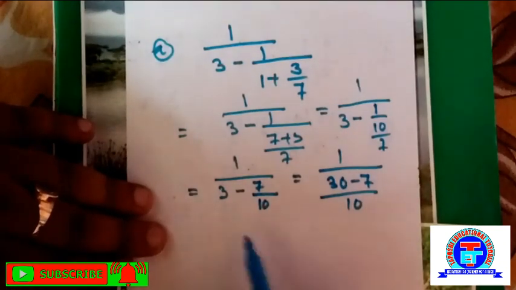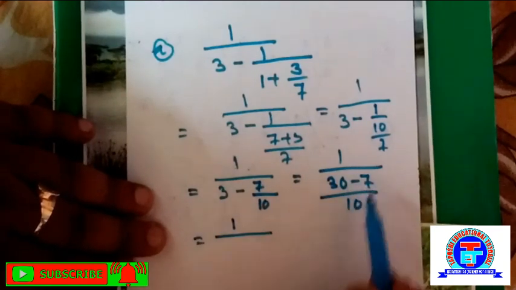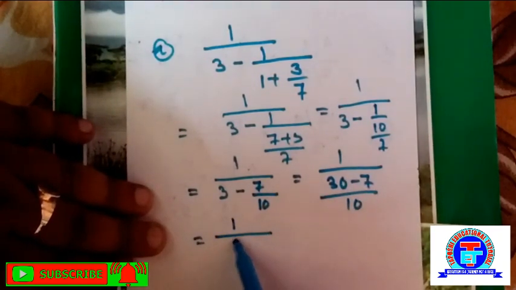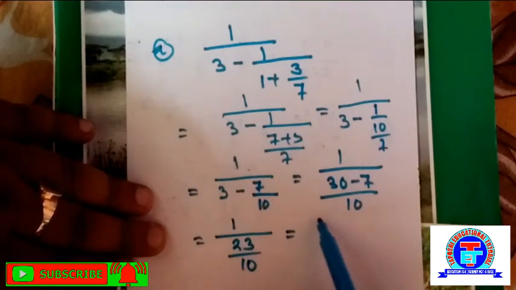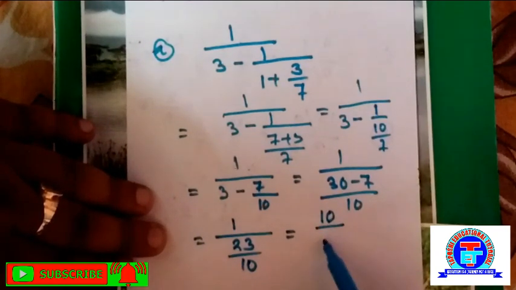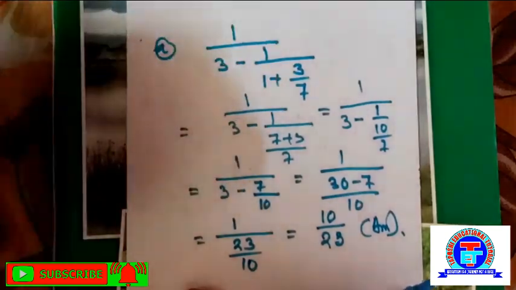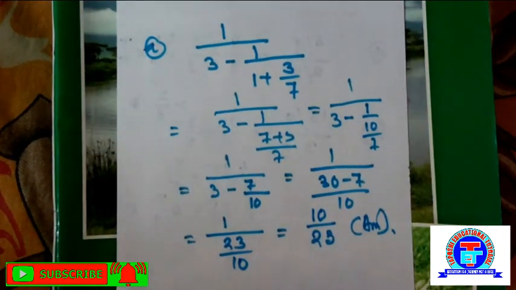Okay, so it will become 1 by, now you subtract this one, 23 by 10. That means it is a reciprocal fraction. So the denominator became a numerator and numerator became a denominator. So this is the solution of this continued fraction, right student?